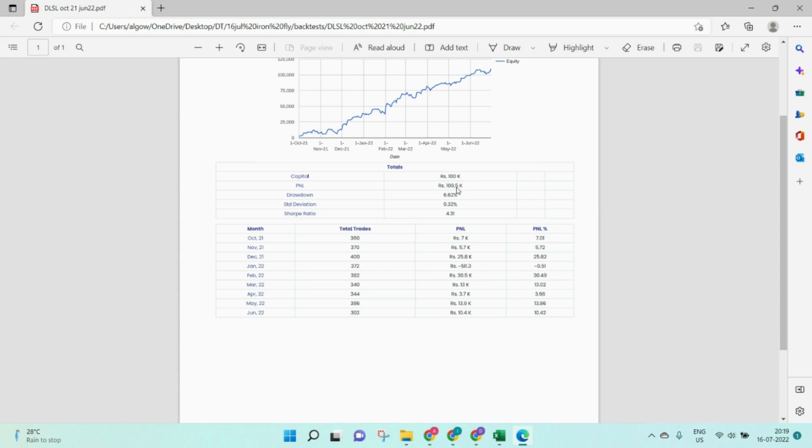So out of 12,000, 3,000 rupees went to your brokerage expenses. 9,000 is left, and from 9,000 you can reduce another 2,000 rupees for slippages and other things. So again 7,000 rupees we gain on 100K margin. So it is again 7%.